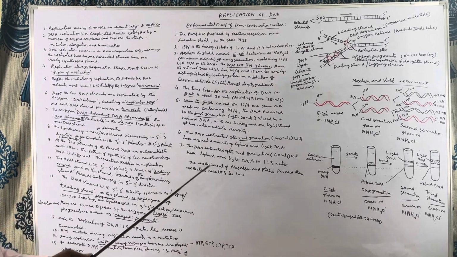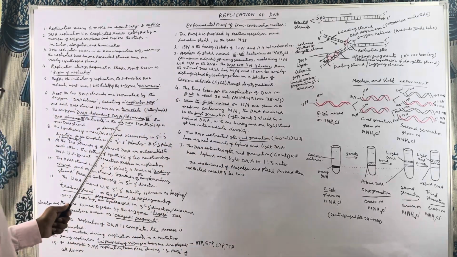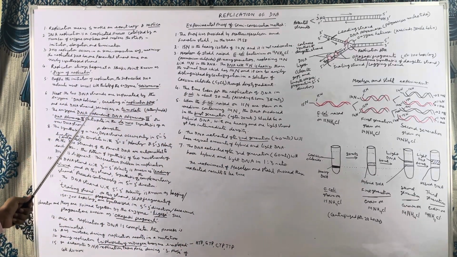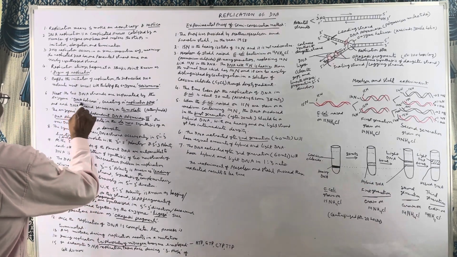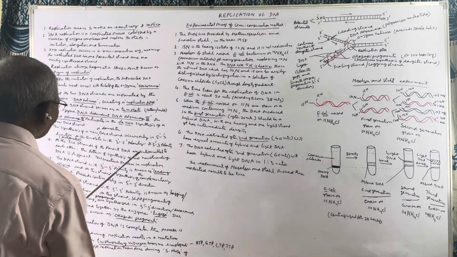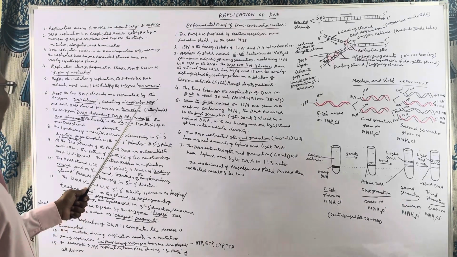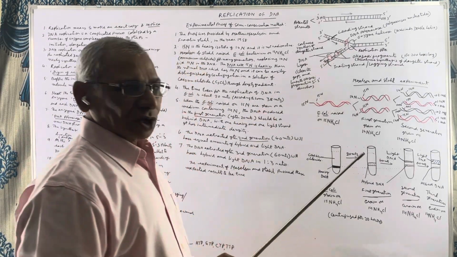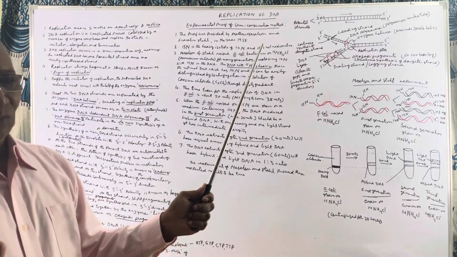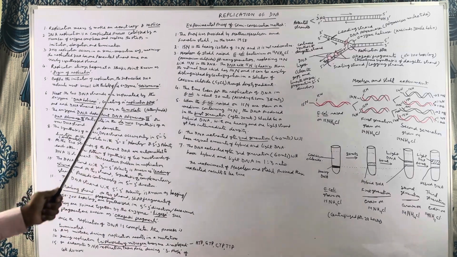Next, the two strands of DNA are separated with the help of another enzyme that is known as DNA helicase. DNA helicase helps in separating the two parental strands by creating a replication fork. This is called replication fork. So, the two parental strands are separated from each other by the enzyme DNA helicase by creating a replication fork.